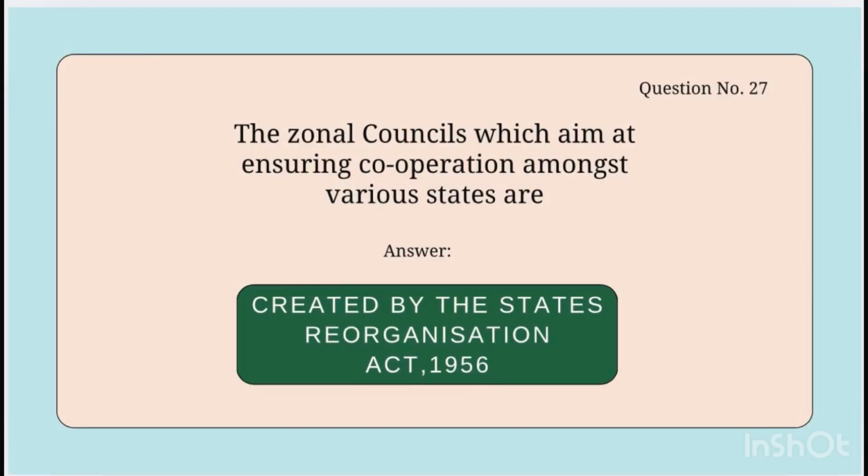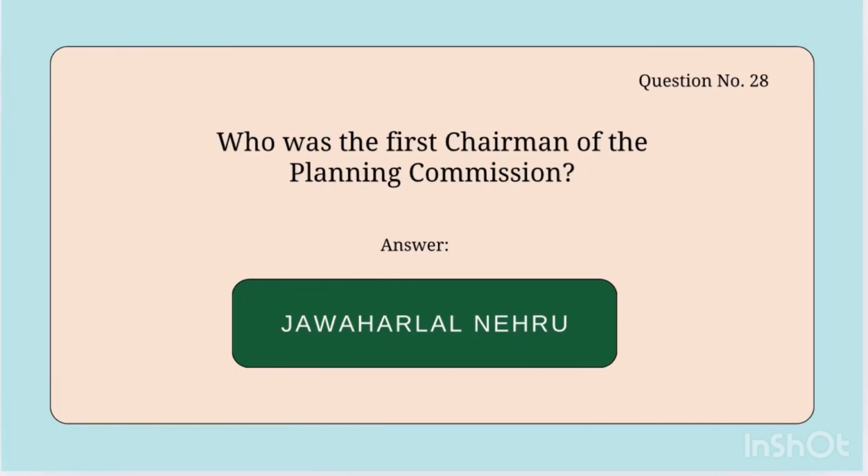The next question, the zonal councils which aim at ensuring cooperation among various states are created by the States Reorganization Act 1956. Next question, who was the first chairman of the Planning Commission? So the answer is Jawaharlal Nehru.